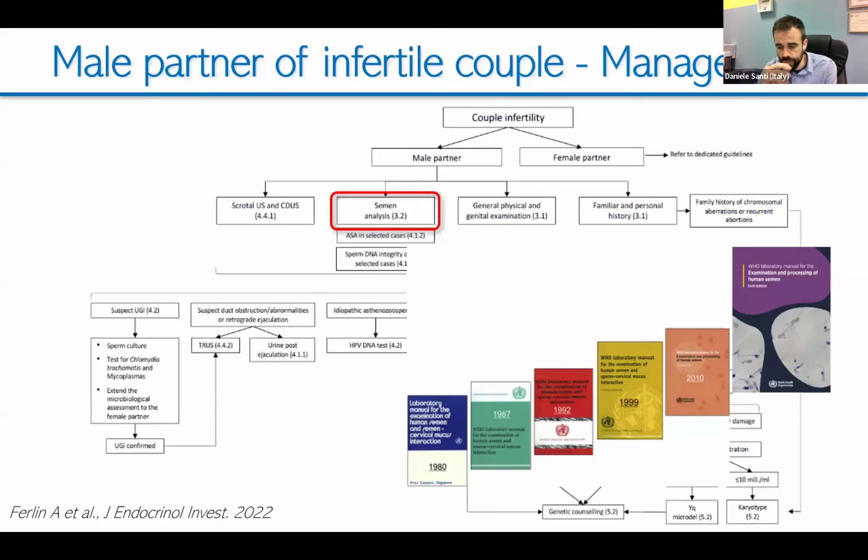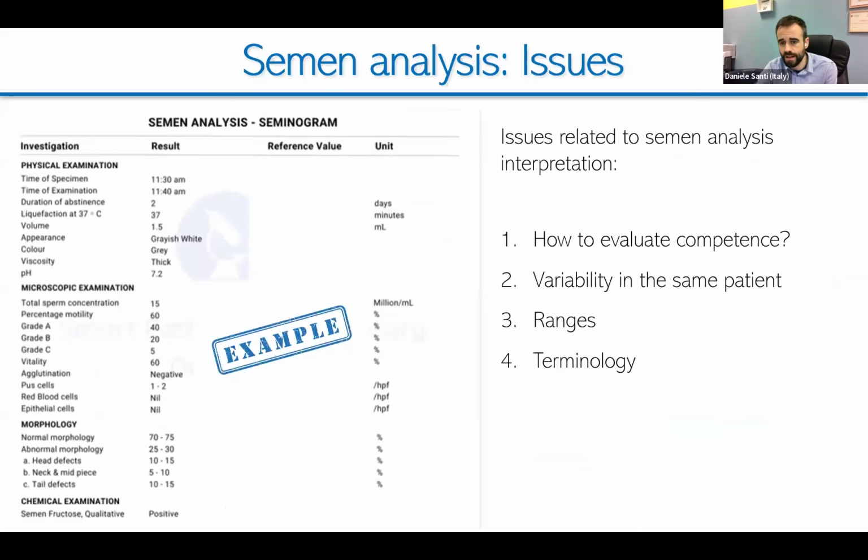The last one was published in 2021, and this 6th edition gives us some changes or novelties in the interpretation of the semen analysis. I think the most relevant points to remember about semen analysis are these 4, of which I will try to give an overview.